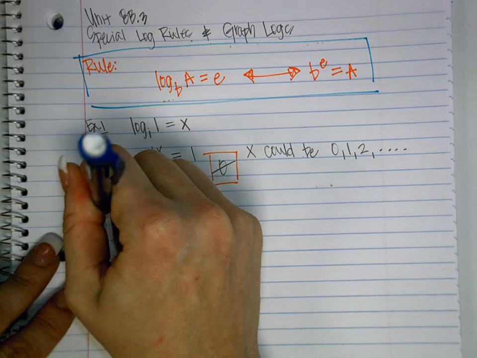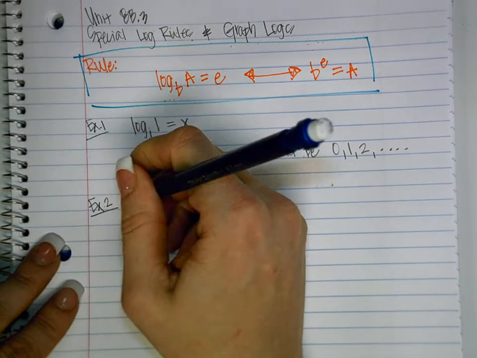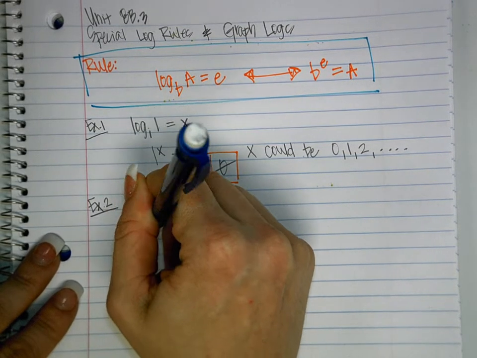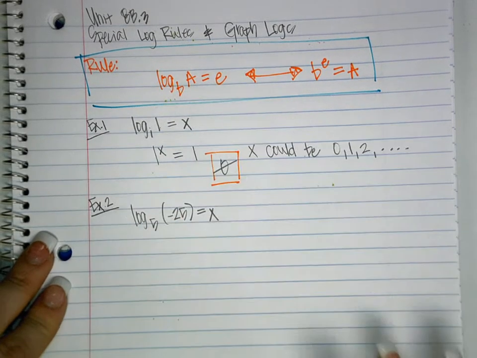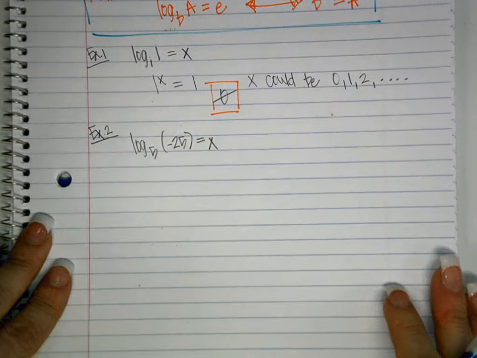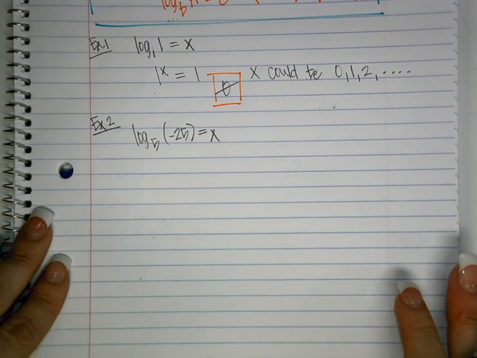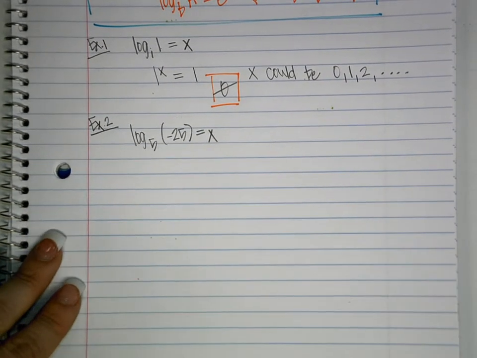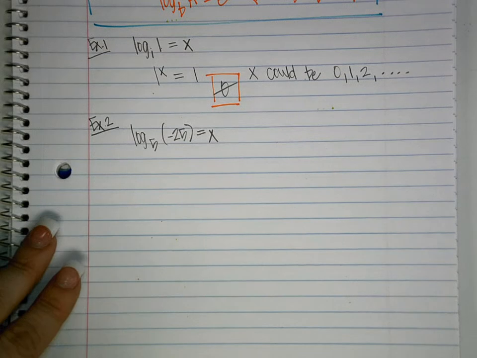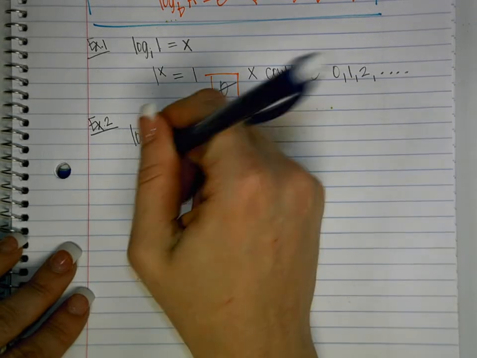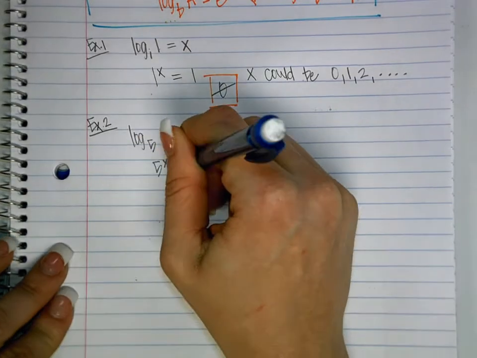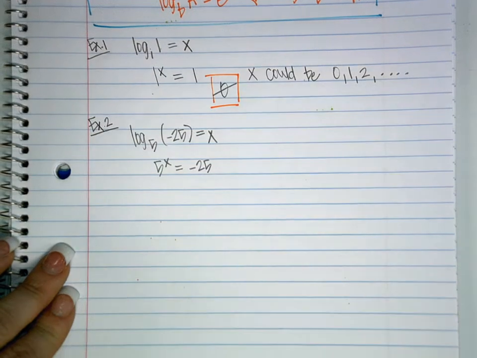Let's try another one for number 2. Same thing, I want you to simplify log base 5 of negative 25 equals x. How would I write this in exponential form? 5 to the x equals negative 25.